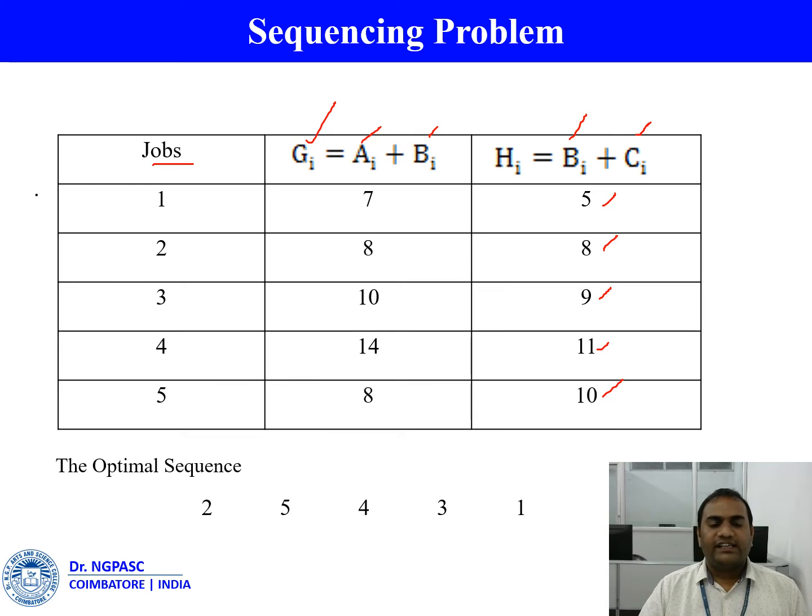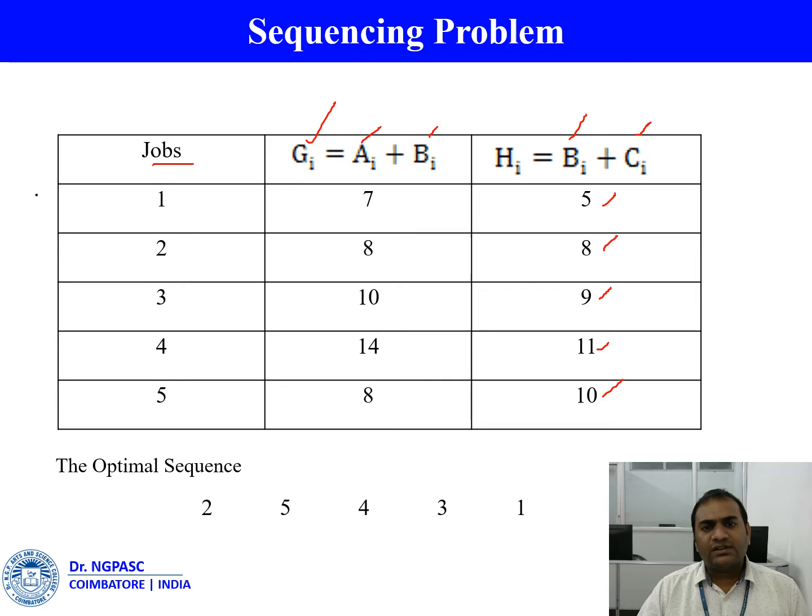Next, we are going to find the optimal sequence using Johnson's algorithm. In Johnson's algorithm, first identify the smallest processing time among all the processing times.